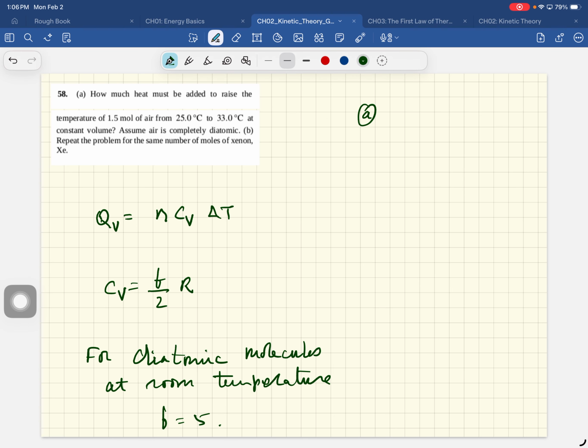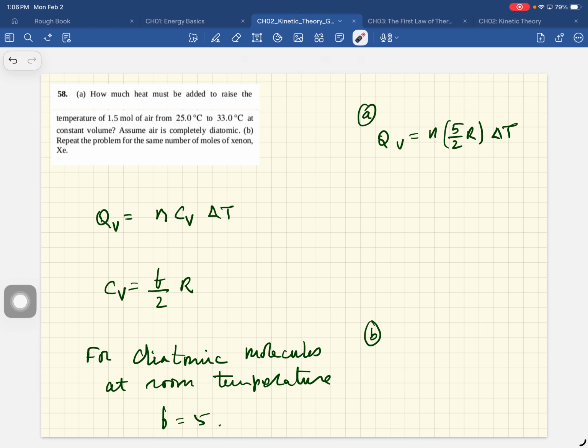Because when you heat something, you're giving an equal amount to every degree of freedom. So if there are more children to feed, then you need more food. Don't need to change the power. Rise in temperature in Celsius is the same as rise in temperature in Kelvin.